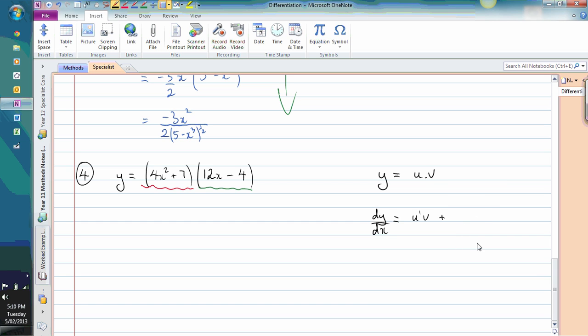Or sometimes you might even see it round the other way, u times v dash, to keep that alphabetical order going on. It doesn't really matter. The point is the first term has u differentiated, the second term has v differentiated.